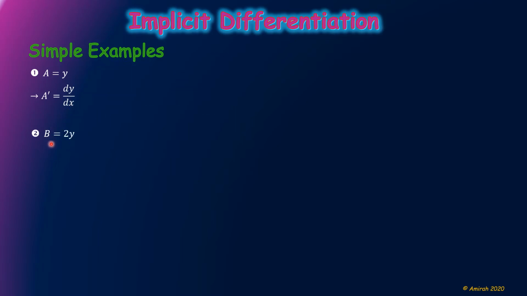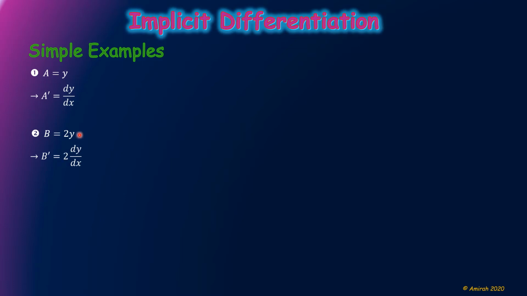Number 2, B equals 2y. This is multiplication between a constant and a variable. When we differentiate B with respect to x, we can write dB over dx or B prime, which equals, when we multiply by a constant, we just put the constant in front, then we differentiate the variable.